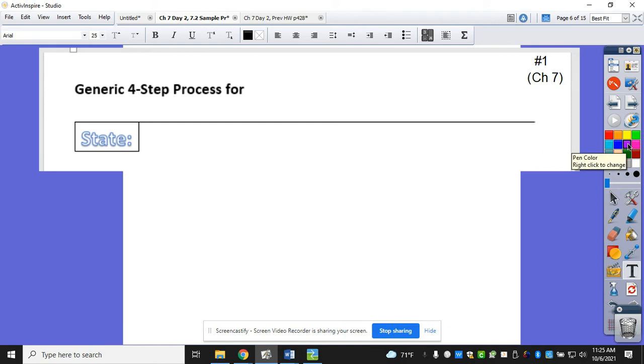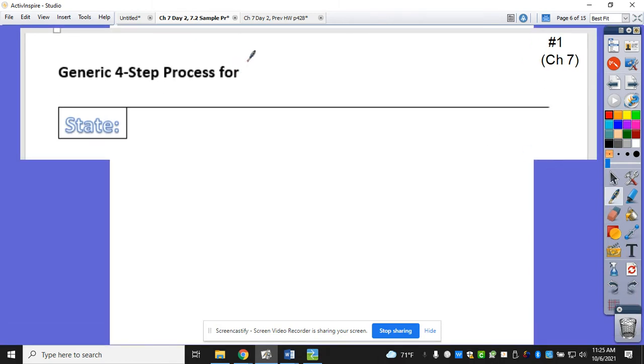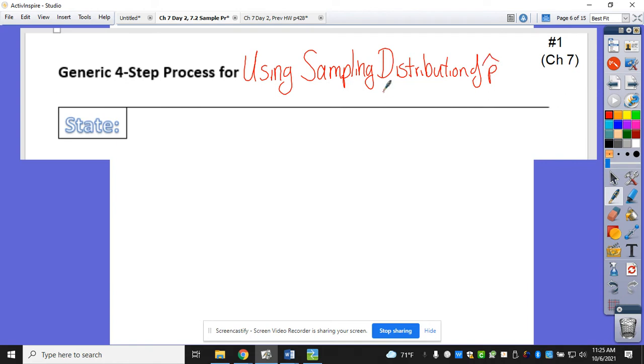All right, so this is a generic 4-step process for using sampling distribution of p hat to find the probability.